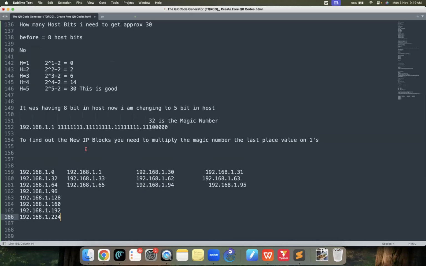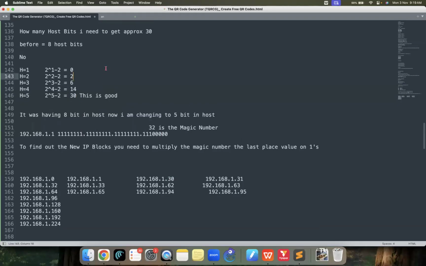Sir, can you explain how you found the magic number 32? So this is a new subnet mask, right? I got 5 bits as host portion because I just need 5 bits as host to get 30 IPs. Before, the host had 8 bits, so the remaining 3 will go to the network portion. It's like an elastic band.